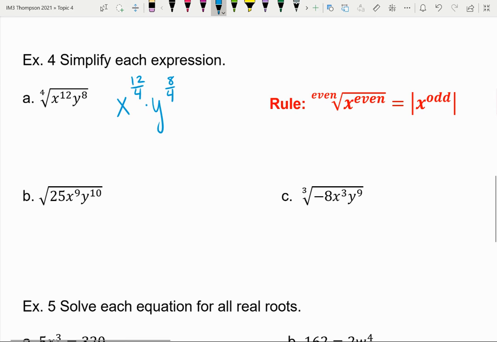I just changed my exponent and rewrote it. And then I'll simplify and finish it off. 12 divided by 4, oh, well, that's just 3. 8 divided by 4, that's just 2. That's almost the complete answer.